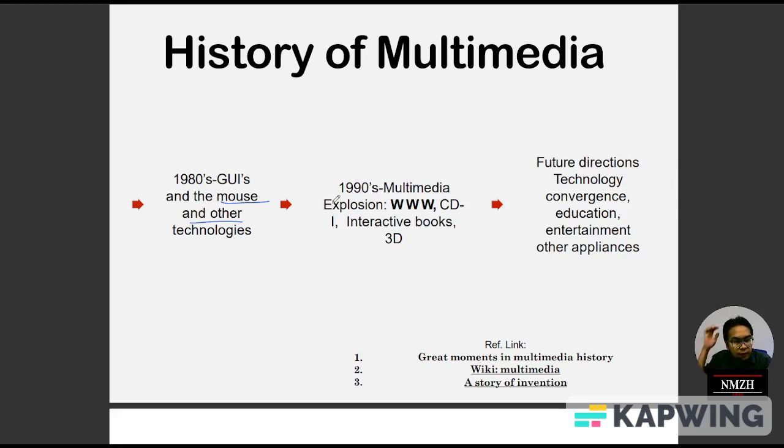Okay, in the 1990s, multimedia exploded via the WWW and CD, interactive books and the 3D initiative started. I guess at this particular time, people started seeking every single thing in digital mode. Okay, so then the future direction: technology converges education, entertainment, and other appliances.